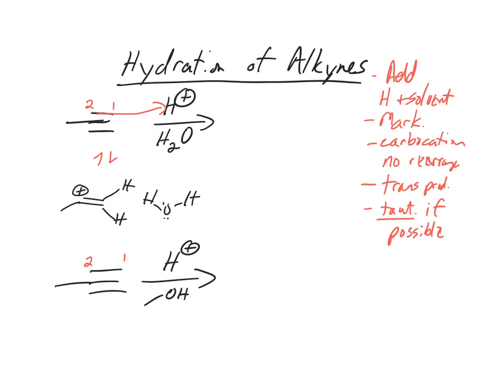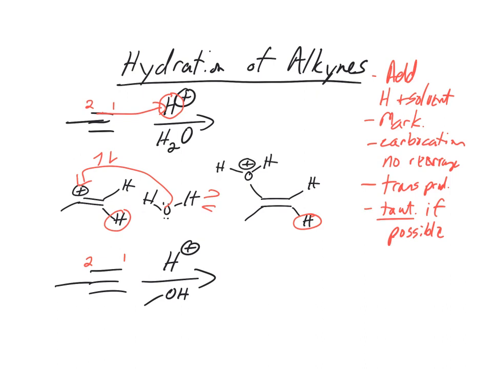If the H that we added is there now, the water adds trans. So we get the H we added, which we circled in red, the original H, methyl, and the water. Balance our charge, so now a plus charge on there.